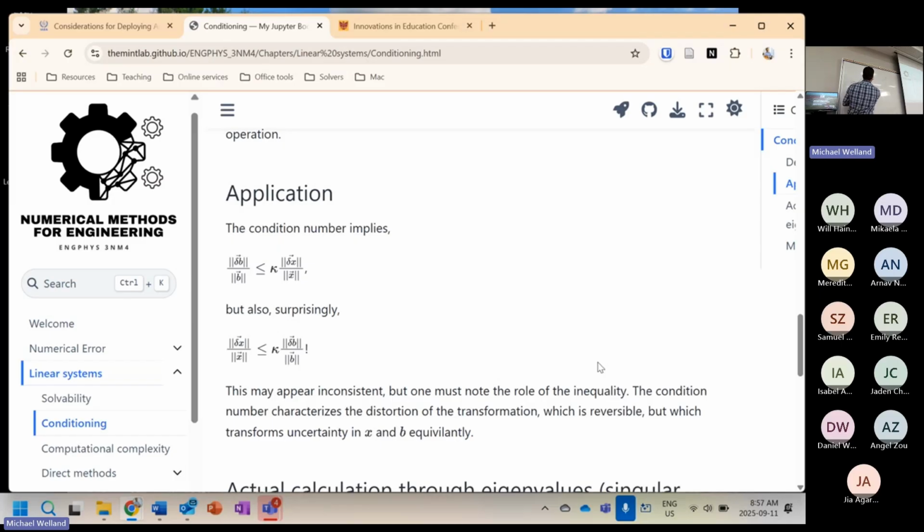This guy becomes over here. This guy gets stretched out to here. There's only certain vectors where the transformation only results in a scaling.